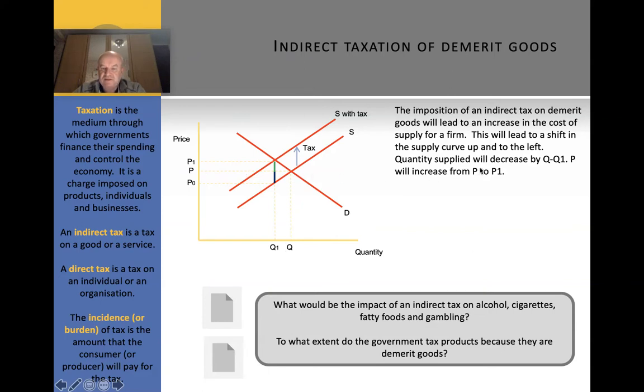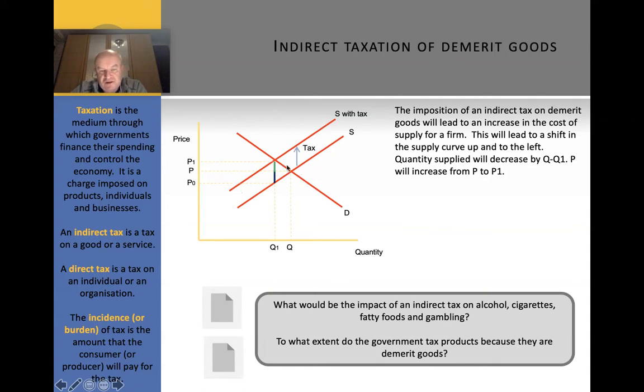Now, by causing the extra cost of production to go up for our supplier, that's going to shift the market equilibrium, as that's now the supply curve with added tax.